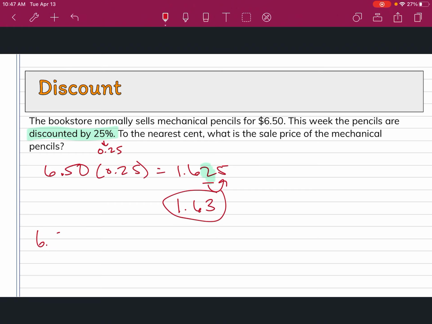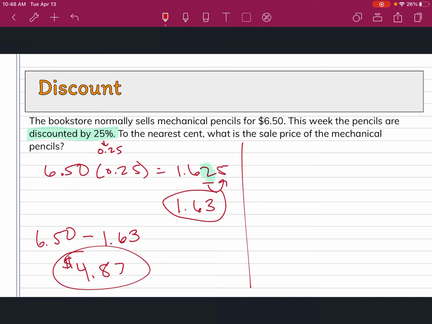So I know I'm starting with $6.50, and I'm subtracting that discount of $1.63. And when you do that, you get $4.87 as your total. Now, the second way you could have done this is we know that we have a discount of 25%.